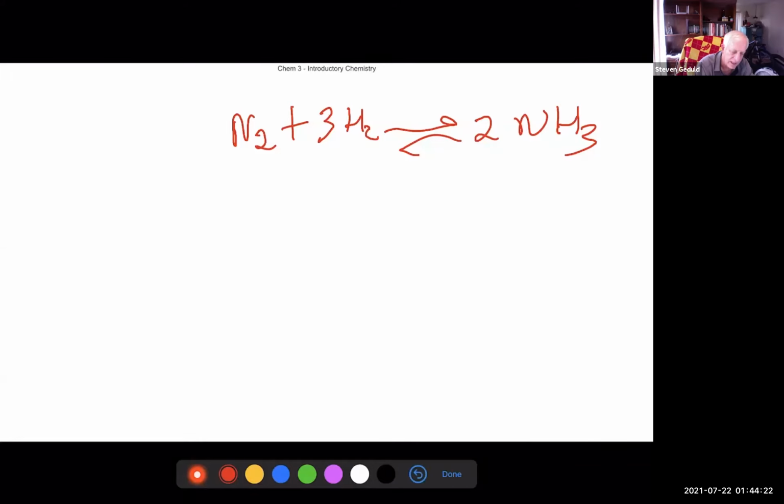If I decrease the amount of H2, I'm going to try to make more H2, so my reaction is going to go this way to fill back up to the equilibrium level where it was. So if I decrease the amount of H2, I'm going to increase the amount of nitrogen and decrease the amount of NH3.